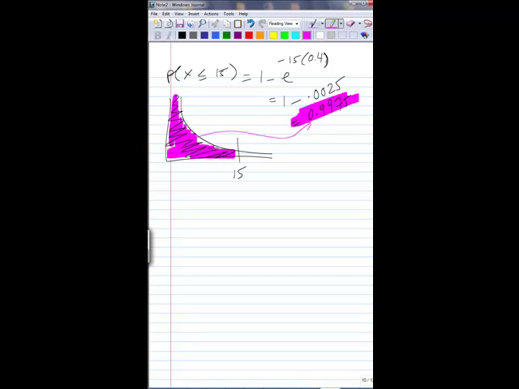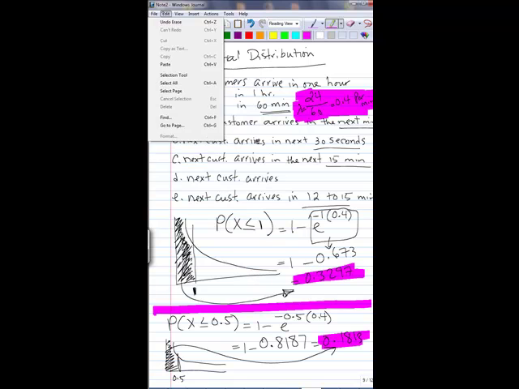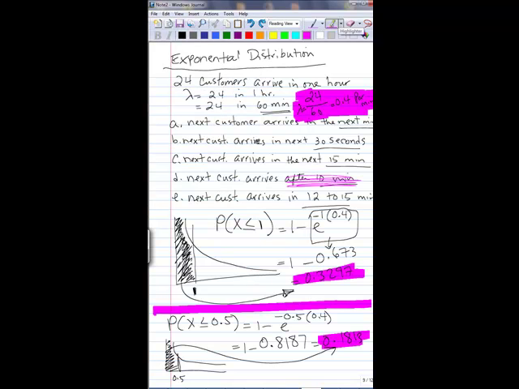Okay, the next question is, what is the probability that the customer arrives after 10 minutes? Oops, I got rid of it. File, edit, undo, erase. Okay, so I want the probability of after 10 minutes.